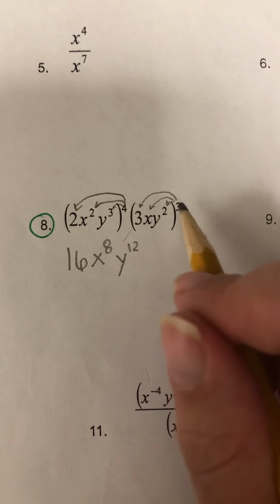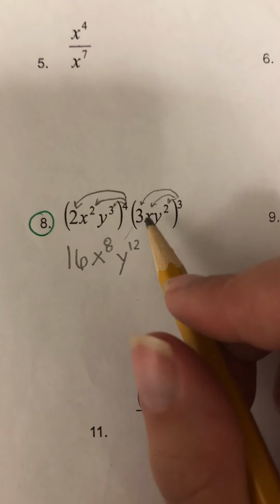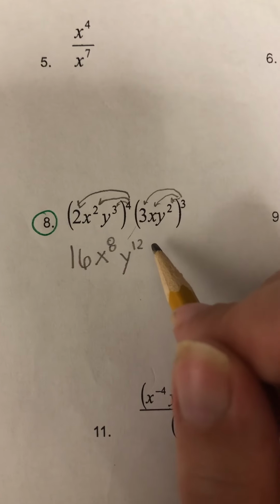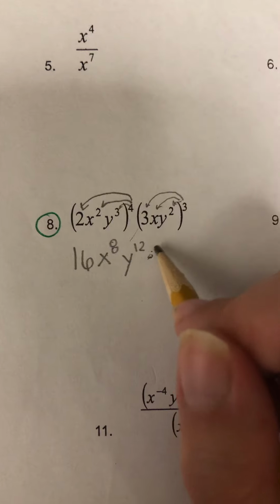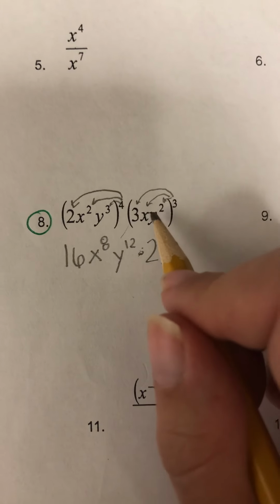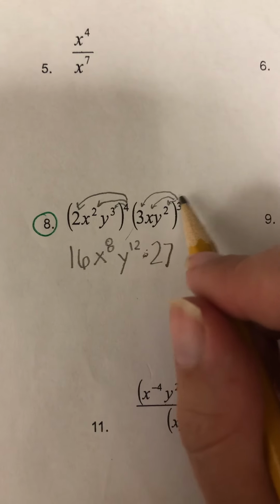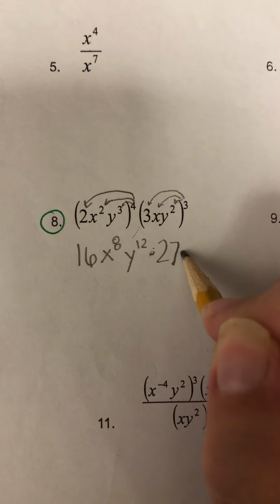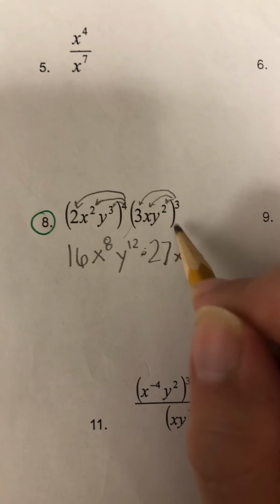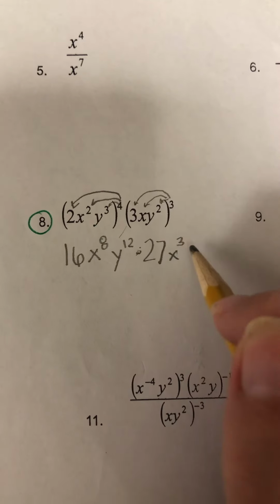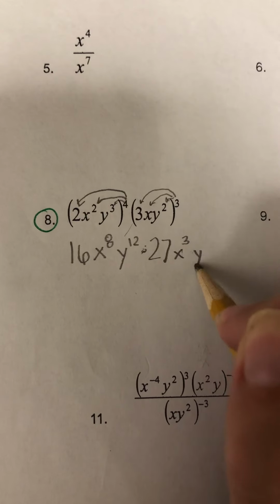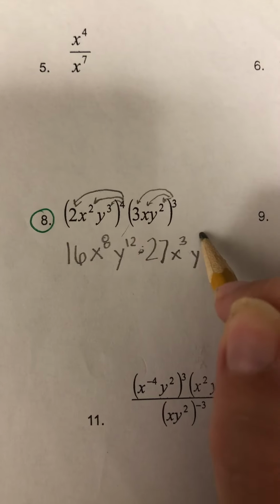So 3 to the third, so 3 times 3 is 9, times another 3 is 27. Then you have x to the first up to the third, so 1 times 3 is 3. Then you have x squared to the third. You multiply those powers as well. So you have 2 times 3 is 6.